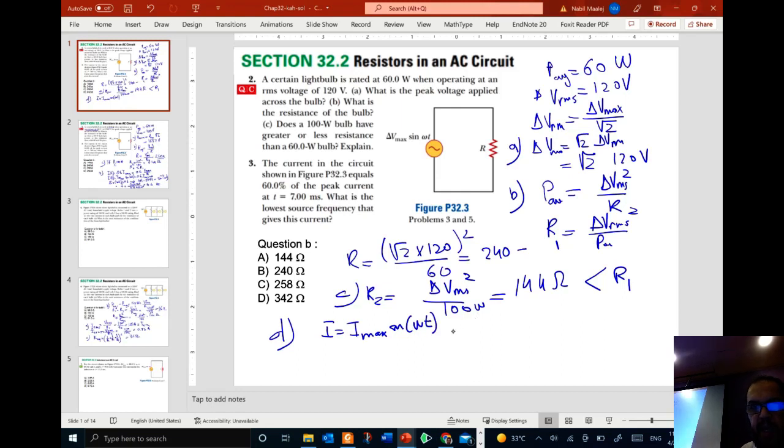This is going to be equal to 60% of the peak current, so 0.6 I max, meaning sine omega t is going to be 0.6.